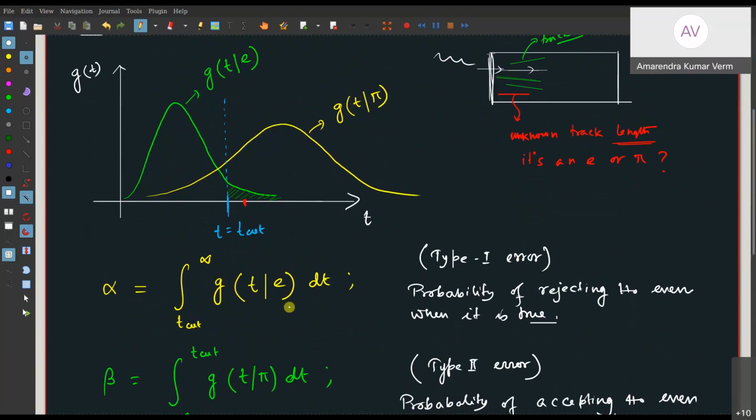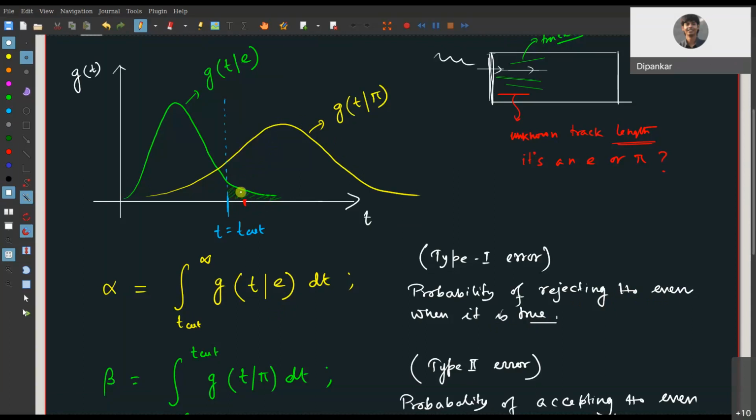Here alpha is the probability of rejecting H0 even when it is true. You have a t cut here, and based on this t cut, you are concluding that the yellow one is true.